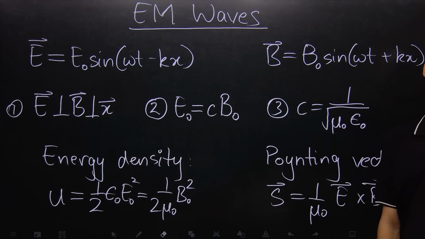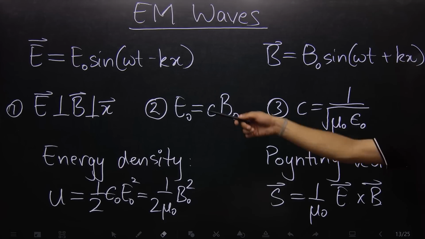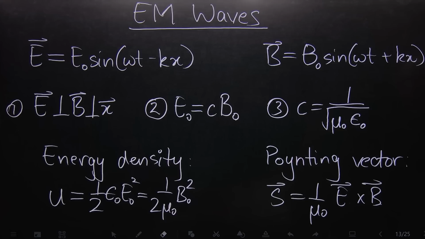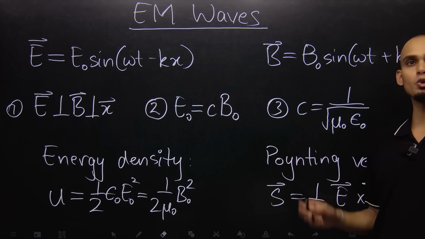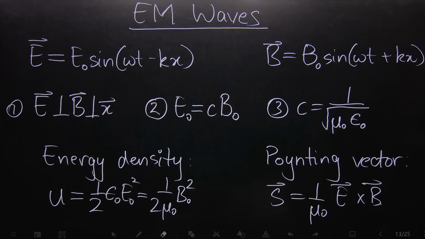But if you keep in mind just three basic properties of electromagnetic waves, the fact that the plane of oscillation of these waves is always perpendicular to direction of travel, the fact that the amplitude of electric field is always equal to speed of light times the amplitude of magnetic field, and the value of the speed of light in terms of fundamental constants of nature, 90% of questions will be conceptual questions based on just these three properties of electromagnetic waves.